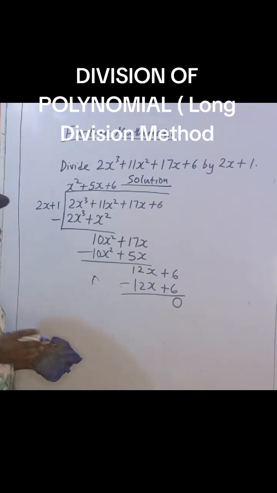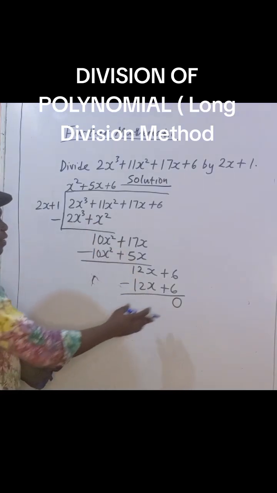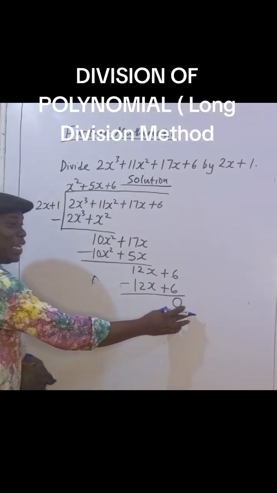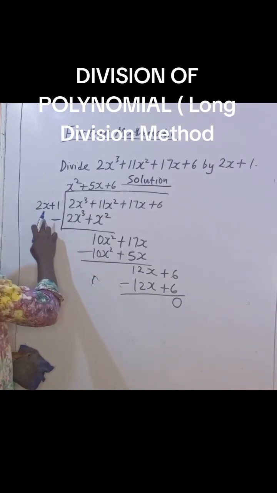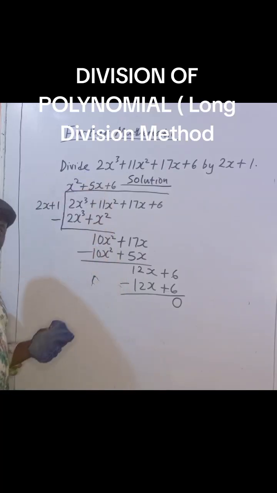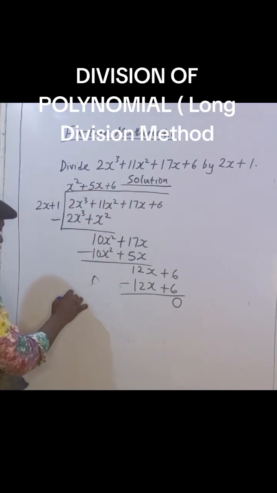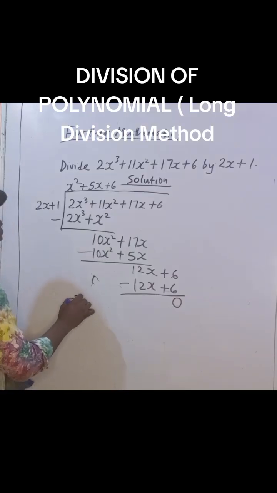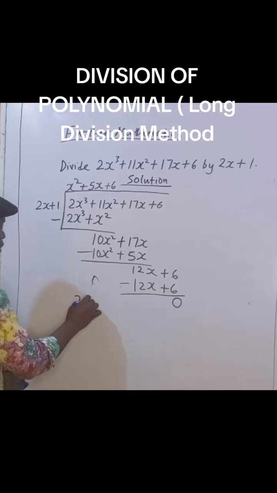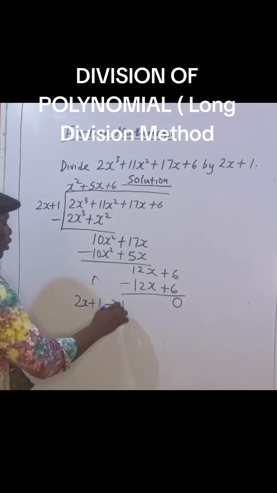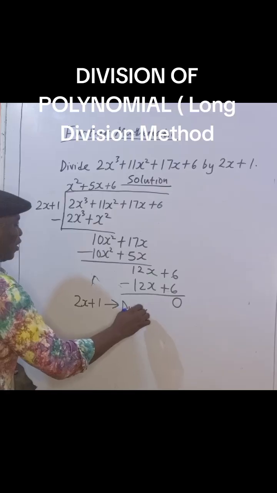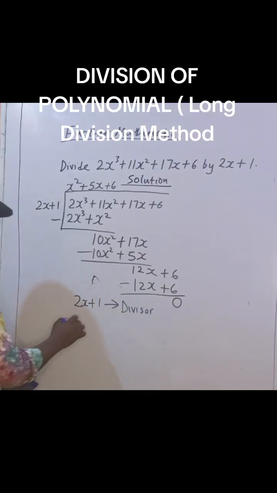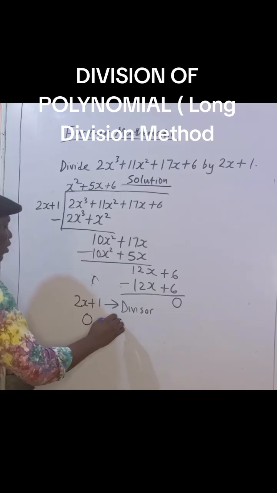In this case now, when you look at it, your remainder is 0. This is your divisor, this is your quotient. You can interpret your answer. 2x plus 1 is what we call the divisor. The 0 that you have there is your remainder.